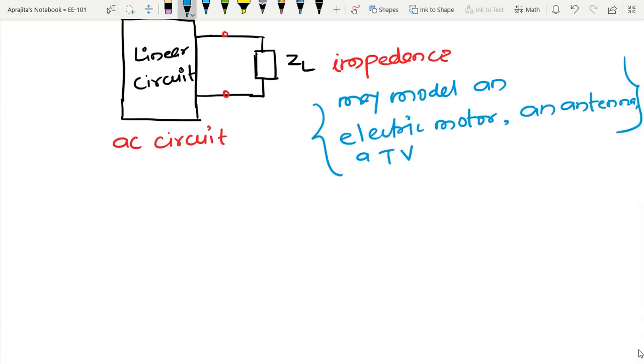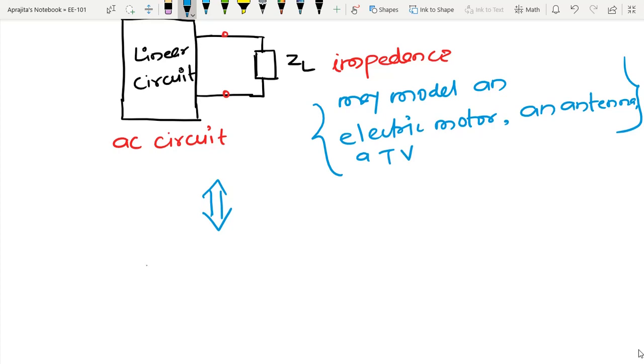In order to do that, I am going to do the same kind of things. First draw the equivalent circuit of this AC circuit connected with some impedance. Again I can apply Thevenin's theorem, because Thevenin's theorem is equally applicable for AC circuits also.